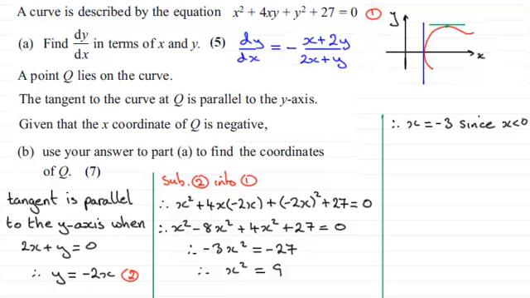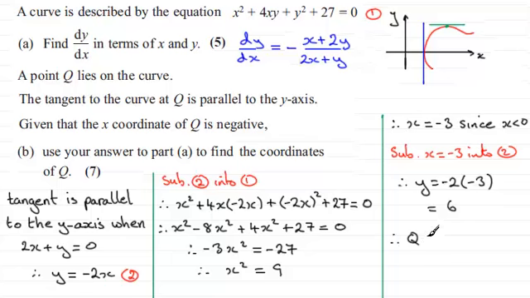To get y, I substitute x equals minus 3 into equation 2, so y equals minus 2 times minus 3, giving 6. We're asked to find the coordinates of Q, so Q has coordinates with x-coordinate minus 3 and y-coordinate 6.